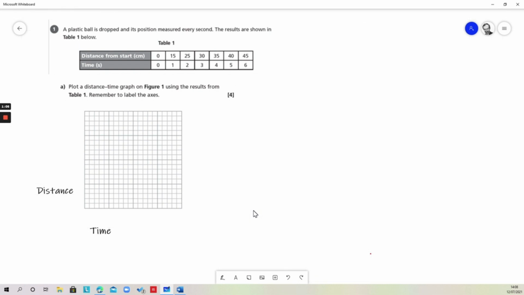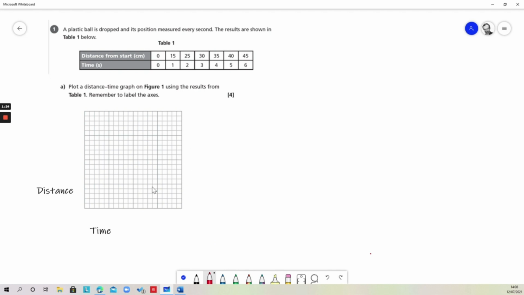Now we need to calibrate the axes. We need to put numbers on the axes, and we need to be guided by the numbers that we've been provided with in the table.